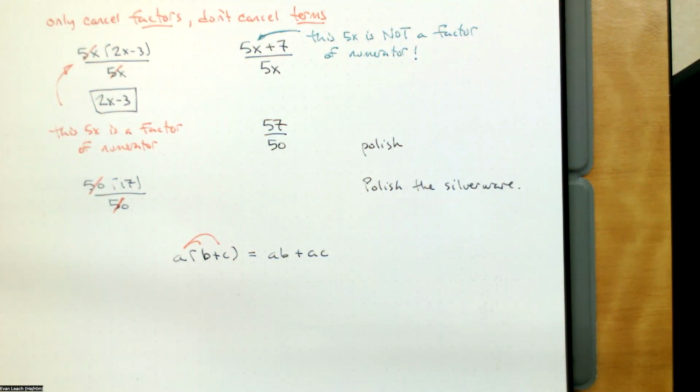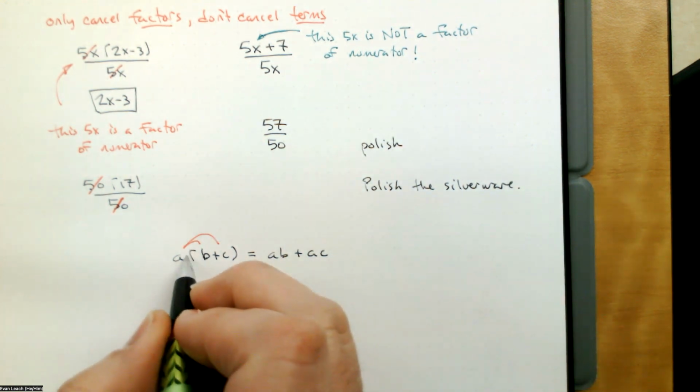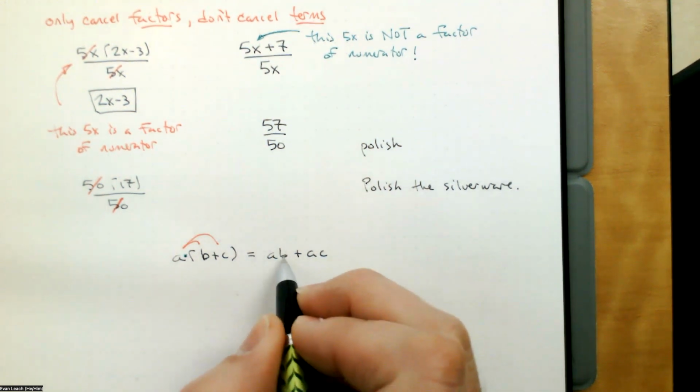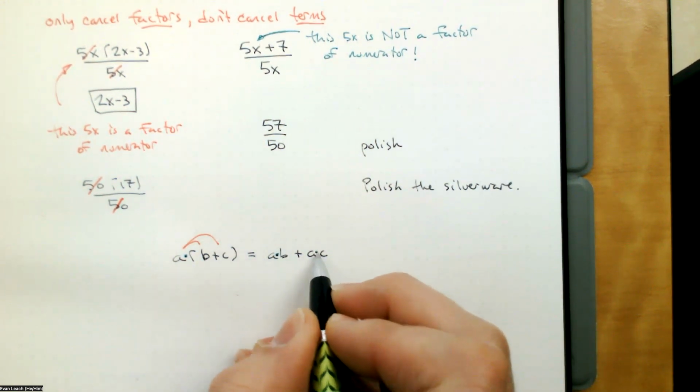I left off a critical piece of information. I left off what's going on between A and those parentheses. The most important part of this little expression that we've summarized this way is that this is with multiplication. The most important part is this thing right here. A times (B plus C) is A times B plus A times C.